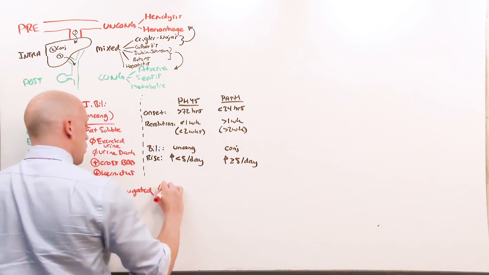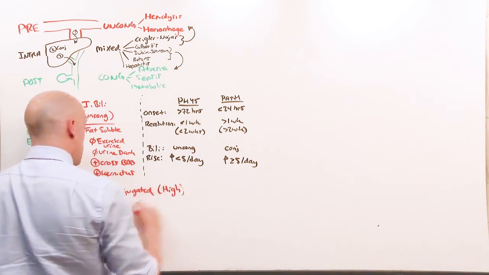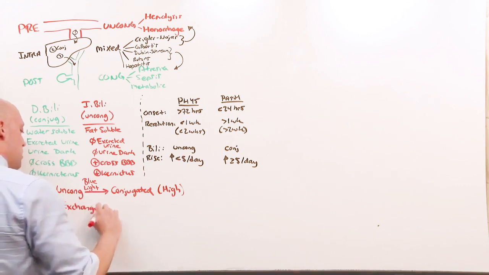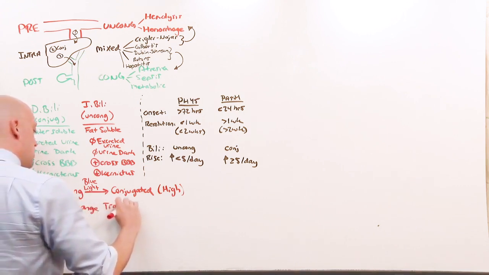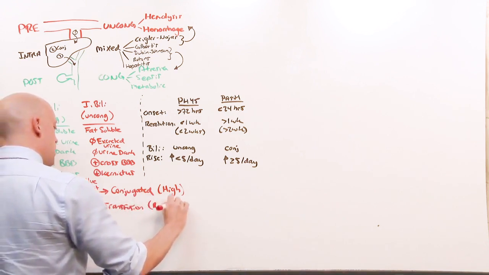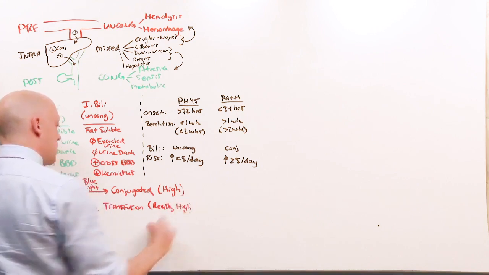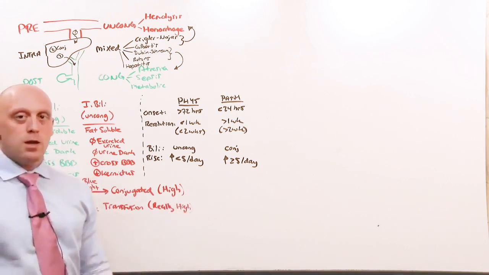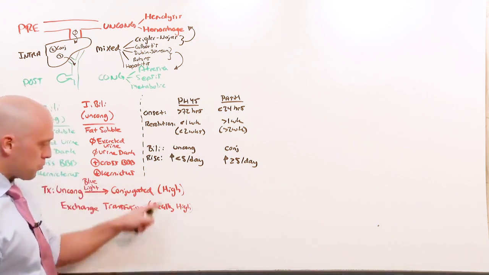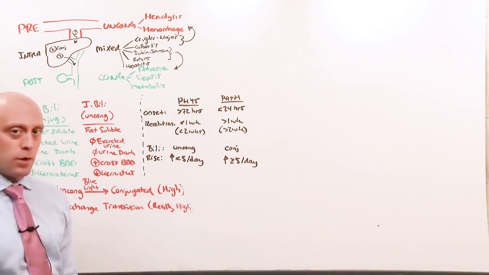This is what you do when the bilirubin is high. You can do an exchange if the bilirubin is really high. Now I put high and really high here because it's based on a nomogram, how old the baby is, premature or not, etc. You will not have to commit these numbers to memory.